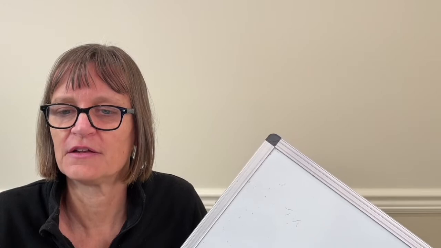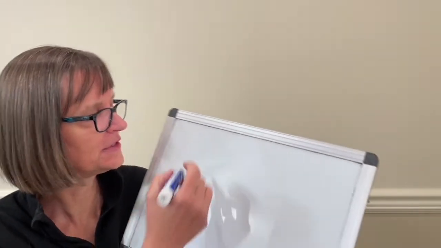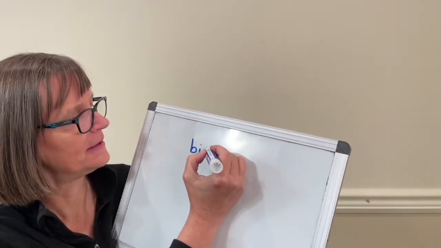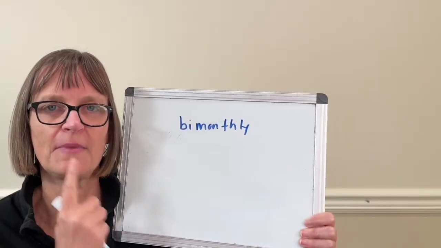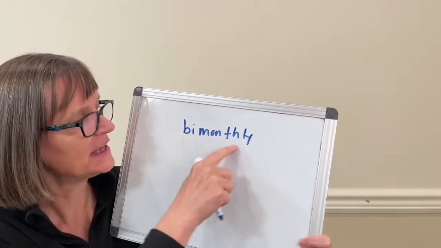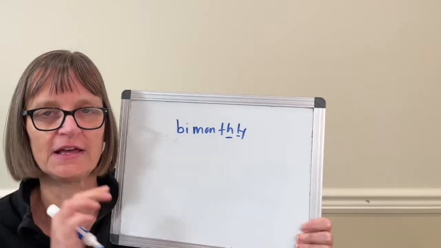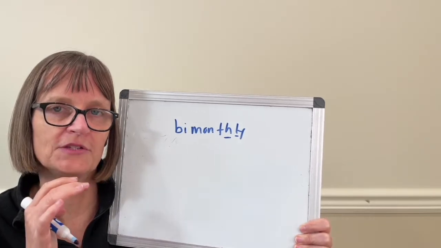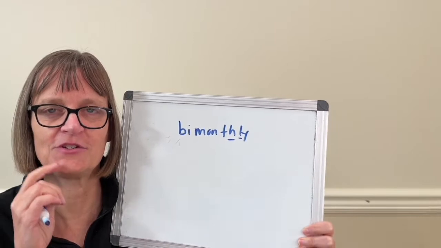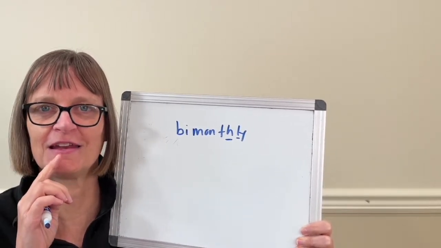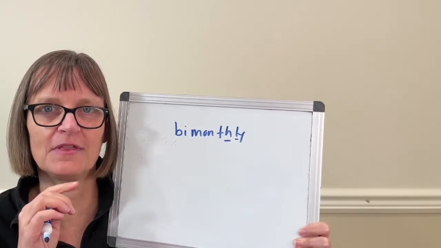Okay, we have a question about how to glide from TH to L in words like triathlon and bi-monthly. So let's look at bi-monthly. Basically, if I'm trying to move from the TH to the L, one thing you can do is cheat a little bit on both your TH and your L, because for TH the tongue is between the teeth, and for L the tongue lifts behind the teeth.